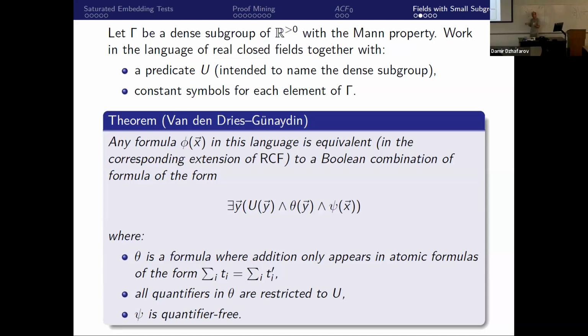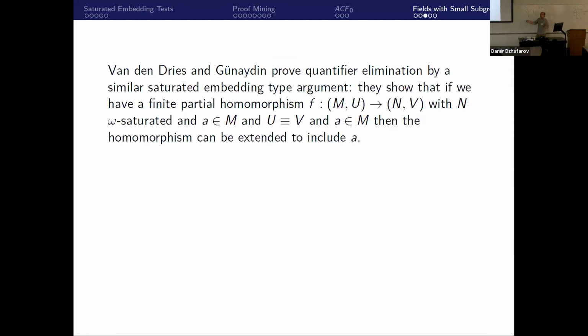There are, again, lots of results in the literature that are like this, not reducing things to no quantifiers, but reducing things to formulas of a special form. The exact same properties of quantifier elimination apply, and the exact same methods work. They use a saturated embedding argument, otherwise I wouldn't be talking about it. So they show, in fact, more or less exactly this version we've been talking about.